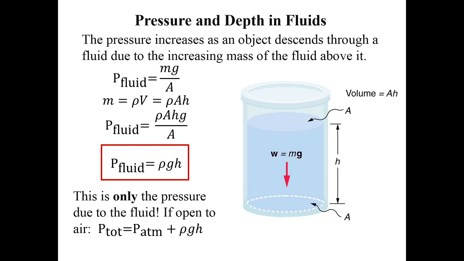The atmospheric pressure is 1 atmosphere, so the measured pressure at 5 meters deep should be about 1.5 atmospheres. On the other hand, if you remove the air, like a non-vented IV bag, then the pressure only depends on the height.